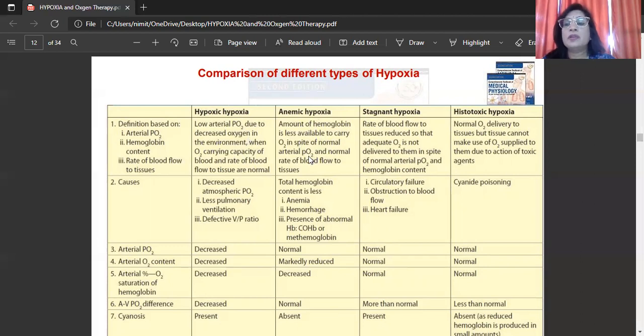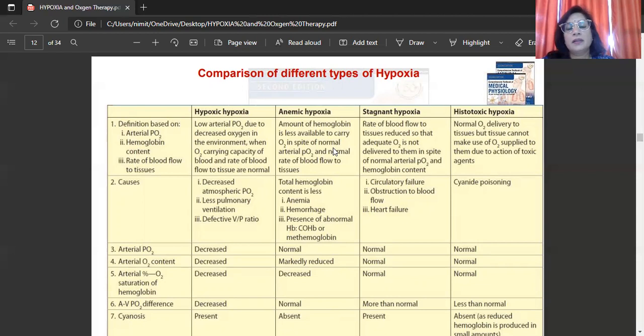So arterial PO2 is normal, but the amount of hemoglobin available to carry the oxygen is less. Arterial PO2 is normal, and the rate of blood flow to the tissues is also normal.